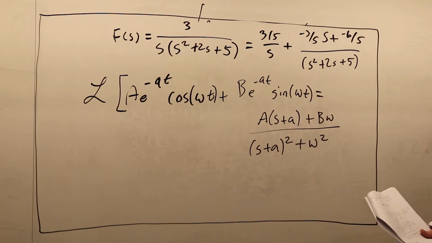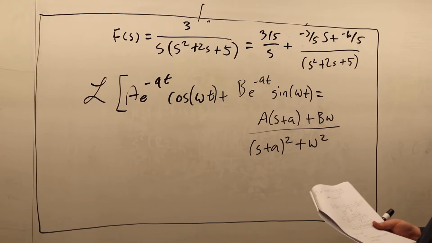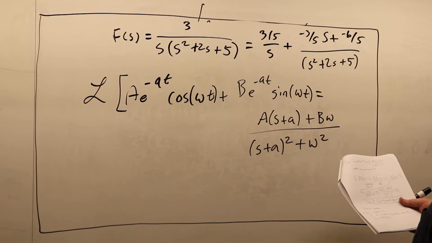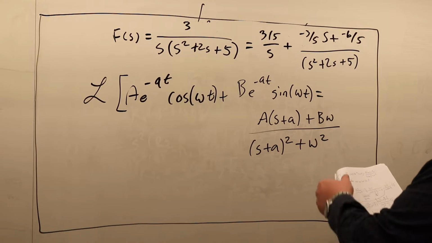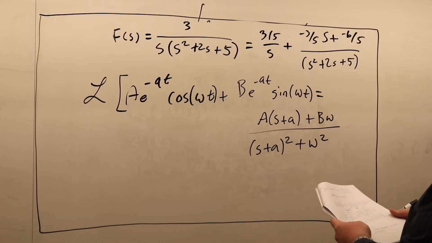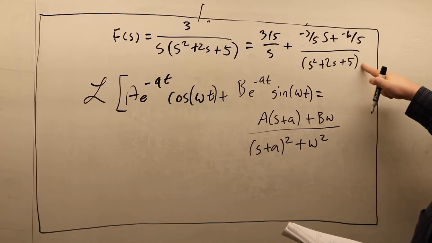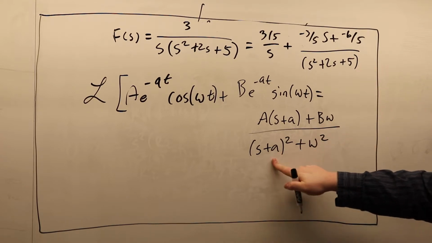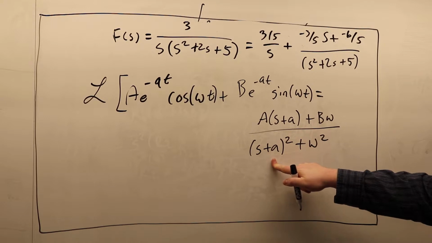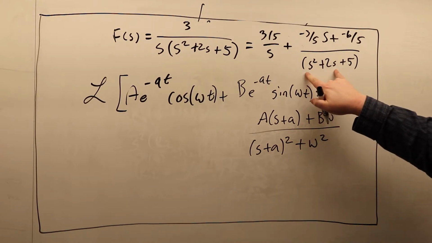And to do that, we're going to start in the denominator. We're basically going to have to complete the square here. So we're going to complete the square on s squared plus 2s.